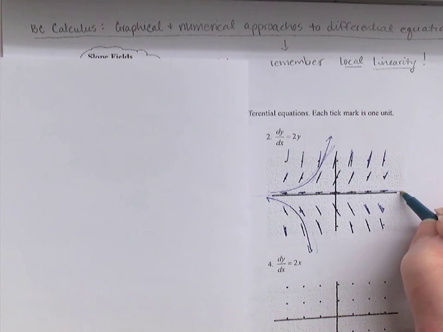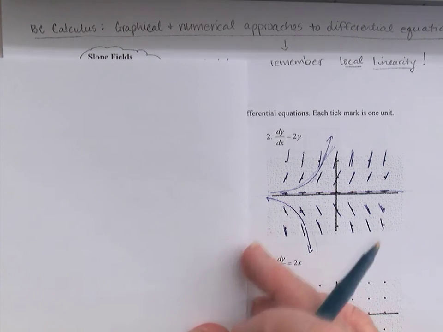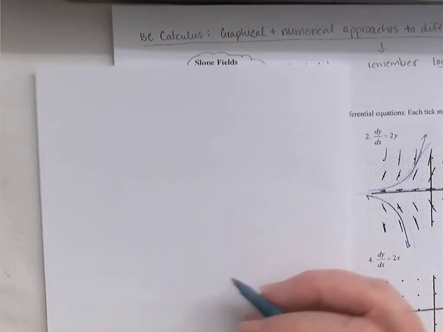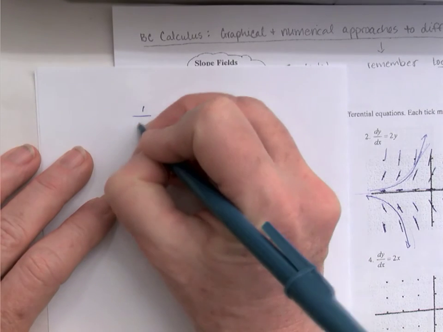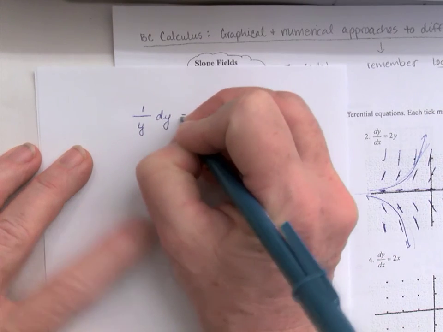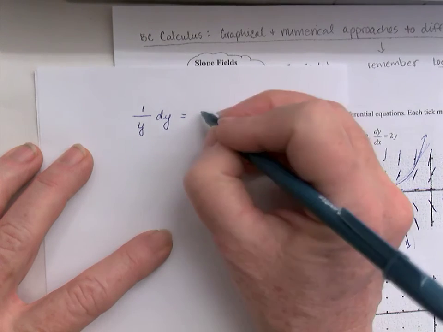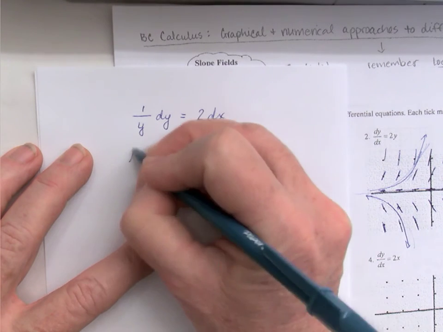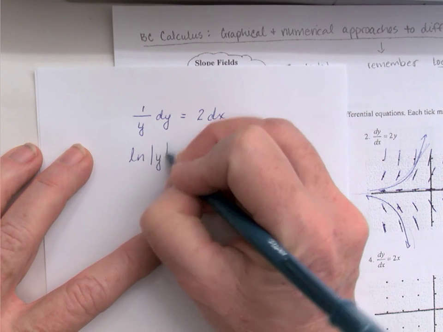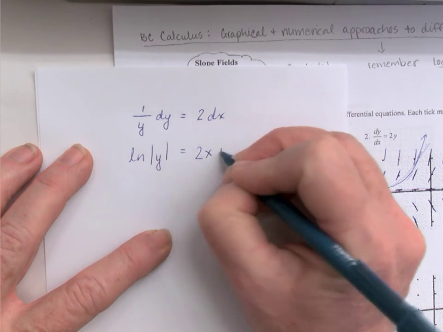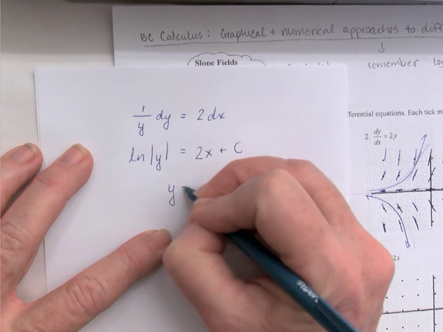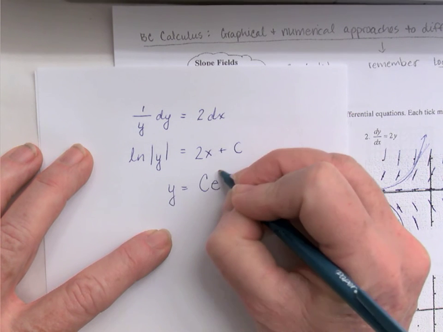Well, let's look at the solution to this and see what happens. If I'm going to separate the variables, I'll be left with 1 over y dy is equal to 2 dx, which is going to give me ln absolute value of y equals 2x plus c, which is going to give me y is equal to c e to the 2x.